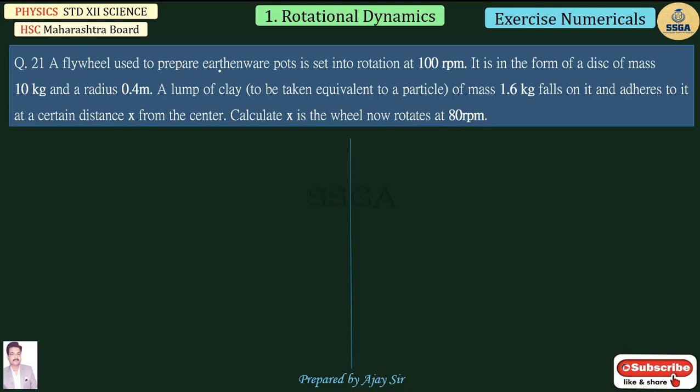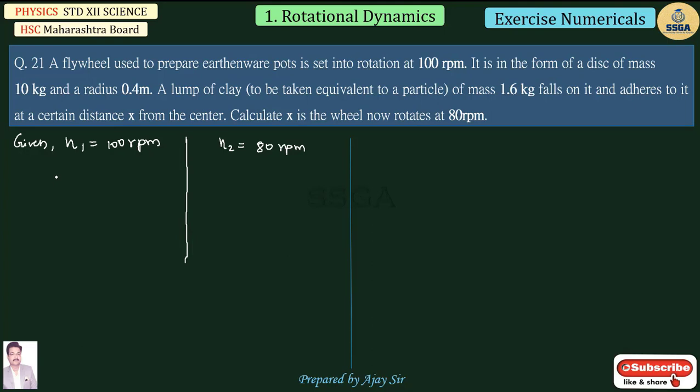So a wheel is used to prepare earthenware pots. So therefore here, given the initial frequency, that is 100 revolutions per minute, and the final frequency n2, that is 80 revolutions per minute. So now we will find the angular velocity.